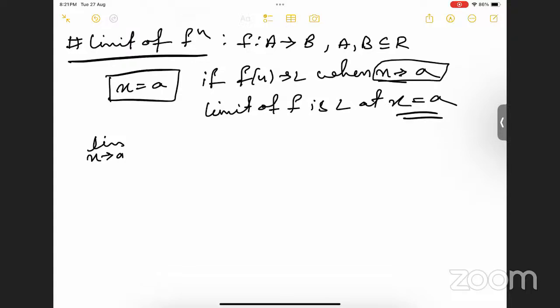Ma'am, for a function, it can tend to infinity, right? Yeah, also. We don't have the constraint. It can tend to any real number. For the sequence case, there was only infinity which we were looking for. But here we have any real number and infinity. Also, we don't have constraints on the domain, right?